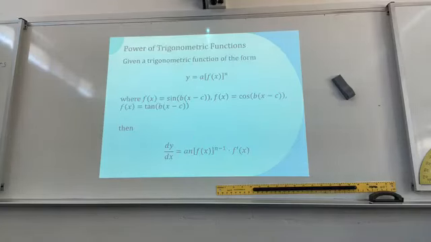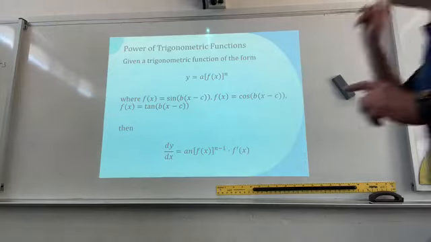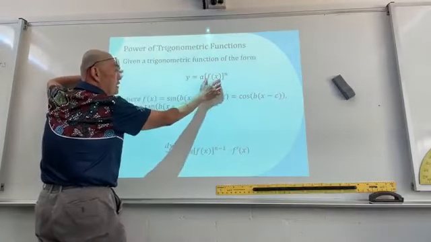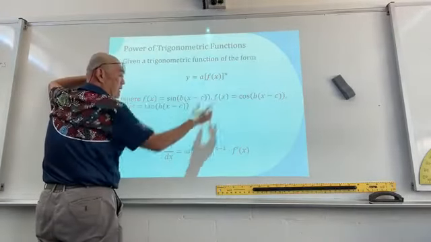Alright, very quickly, if you've got a power of a trigonometry function, it's the same thing as well. This is a trig function that is to the power of something, right?